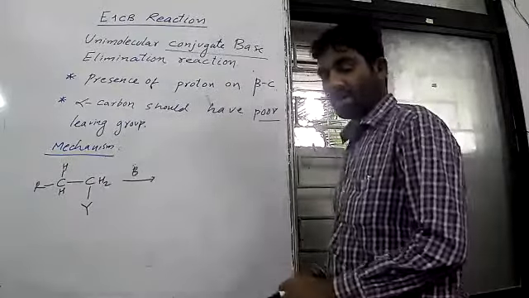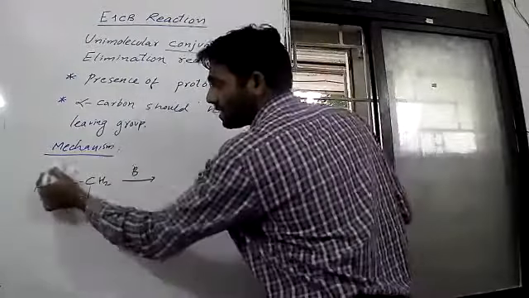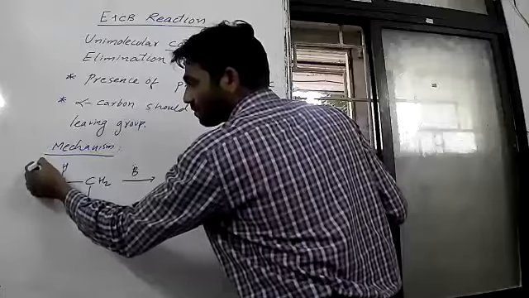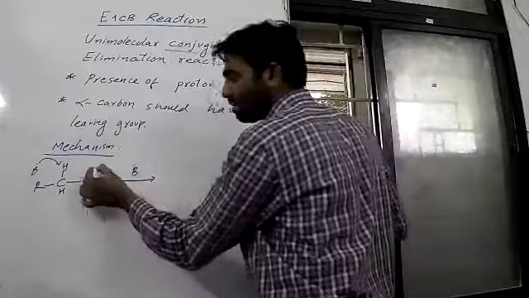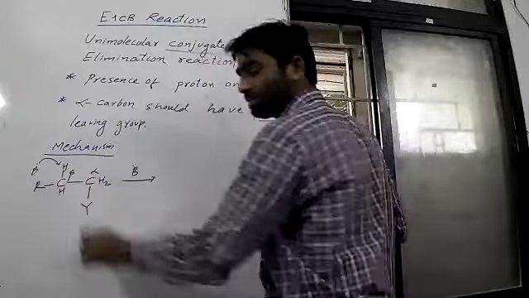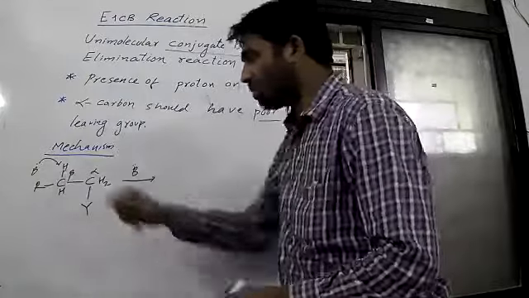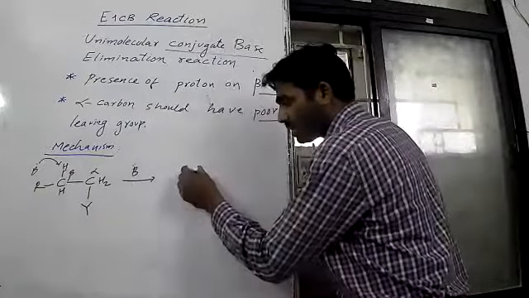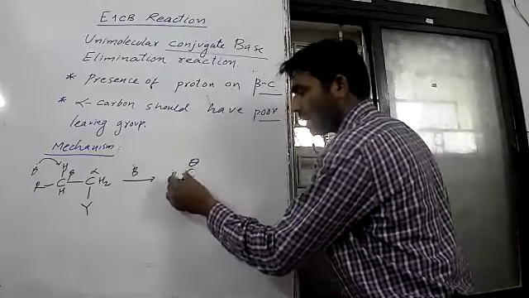The base will abstract this hydrogen, the proton on the beta carbon. This is the alpha carbon, this is the beta carbon. So the base abstracts this hydrogen, and there is generation of negative charge.